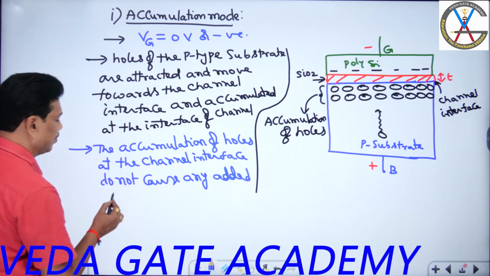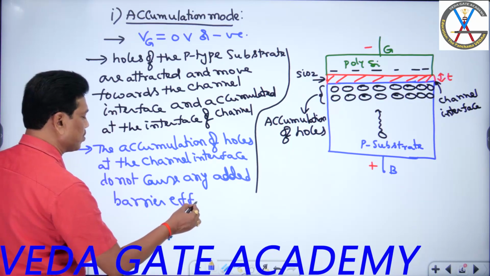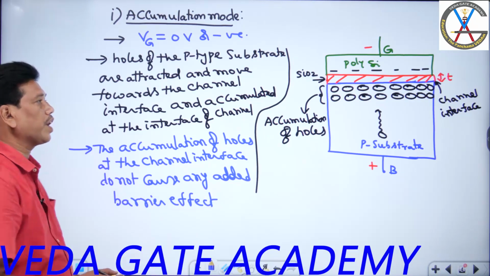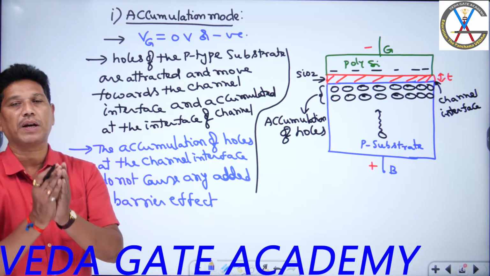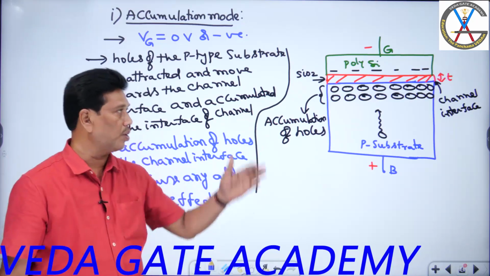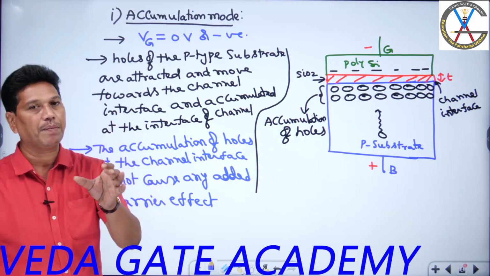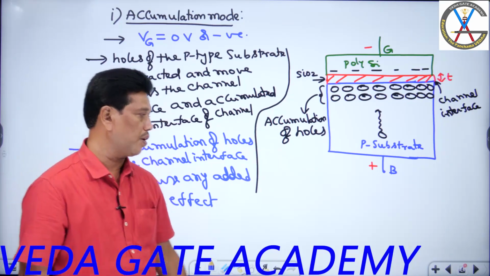Confirm? So by this you can confirm that in this case the capacitance is considered only by the oxide region, not by any barrier condition. So in the accumulation mode, finally you can confirm that the capacitance is considered by the oxidation region.